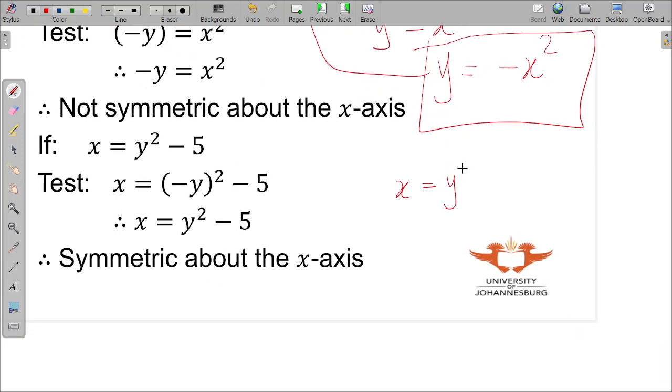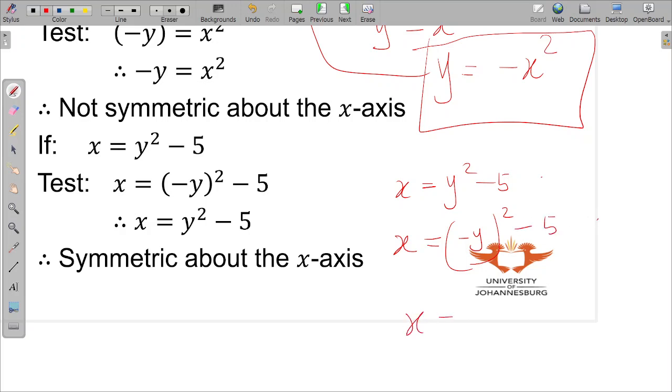x equals y squared minus 5. Now we want to test if it is symmetric about the x-axis. That means we are changing y to negative y. We have x equals negative y, then squared, minus 5.